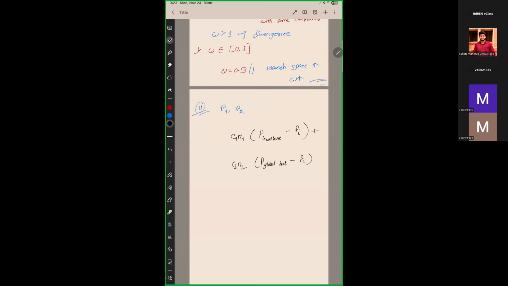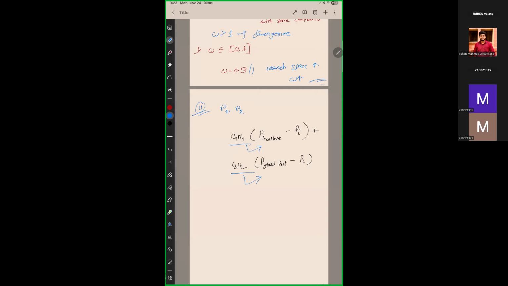This multiplication factor, C1 R1, is going to control how much you are putting weight on the local direction, and this multiplication will control how much you are putting weight on the global direction. Are you moving in the local based direction, or are you moving in the global based direction? That will be controlled by this.